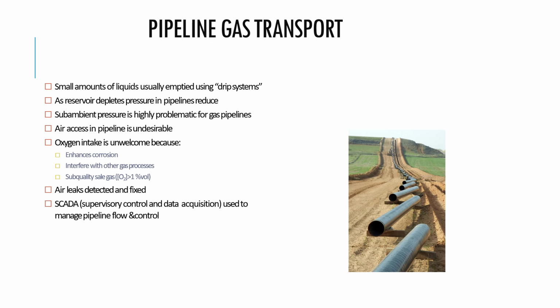And you have what we call the SCADA, which is the supervisory control and data acquisition technique used to manage the pipeline flow and control, where you're going to predict, for example, if there is any crack or any leak in the pipe, and this system will give you an estimation of where, for example, the crack of the pipe will take place. But normally you will use some other technique to predict exactly where the crack in the pipe took place, or the exact location of the crack in the pipe.